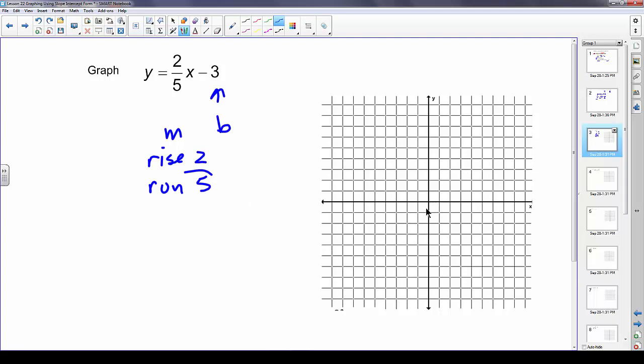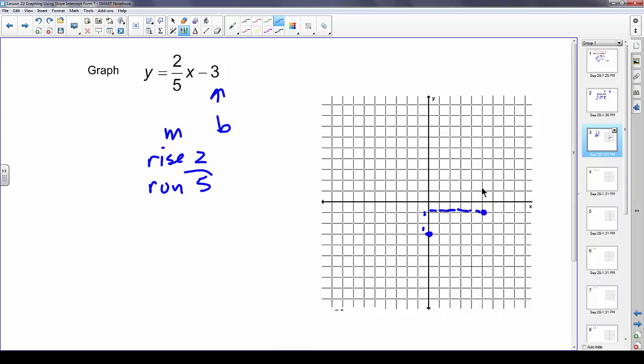So in order to graph this, I move on my y-axis down to -3, put a dot, and from that point I do a slope. So I go up 2 and over a total of 5 from there, put another dot, and if I wanted to, I could do it again just to have a straighter line, if you will, or connect more points.